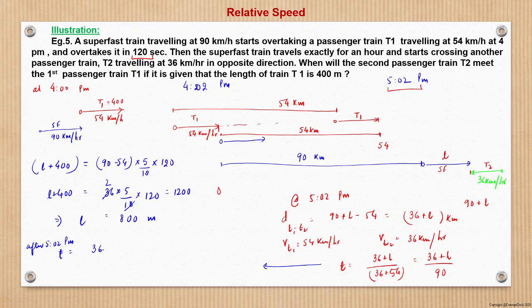So this is nothing but 36 plus 0.8 upon 90, in hours. So let us calculate what it comes to. This is nothing but 36.8 divided by 90.